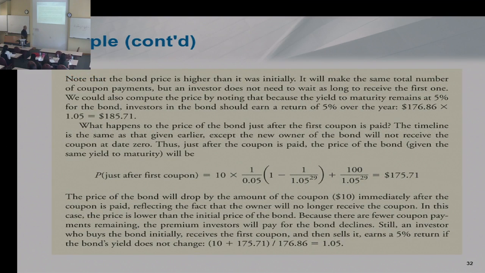So you think of the bond price as going up during the year because it's going up at a compound rate of 5%, and then it drops because of the coupon payment, because that cash flow disappears. Then it goes up again and drops. It goes up again and drops.